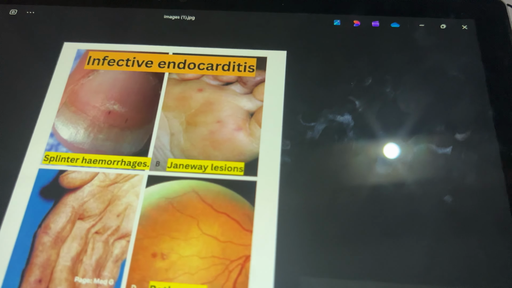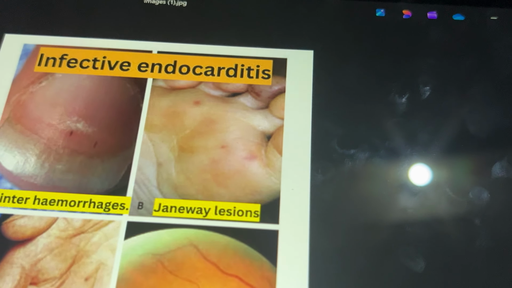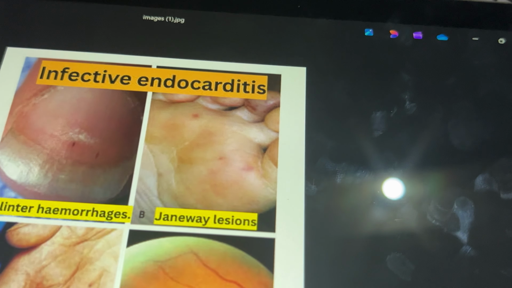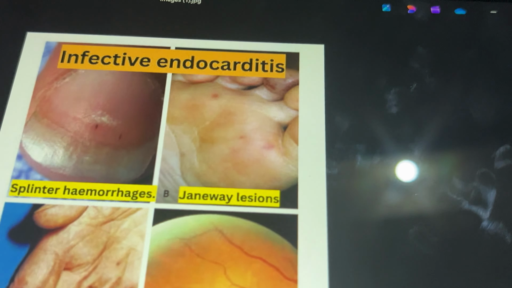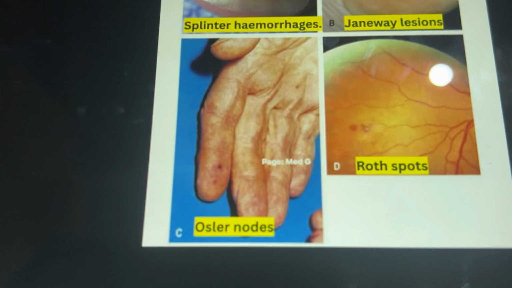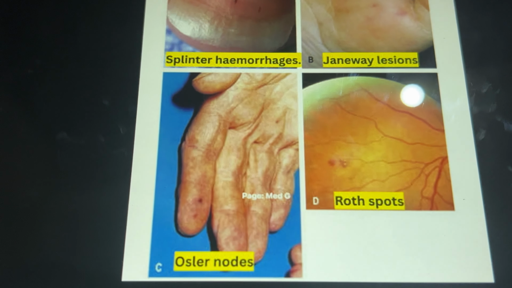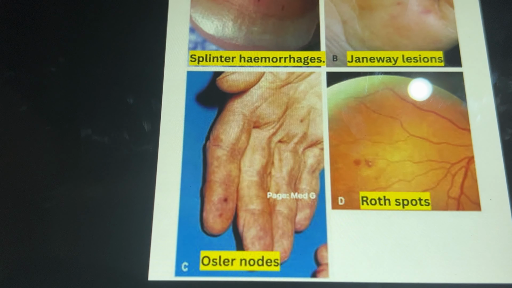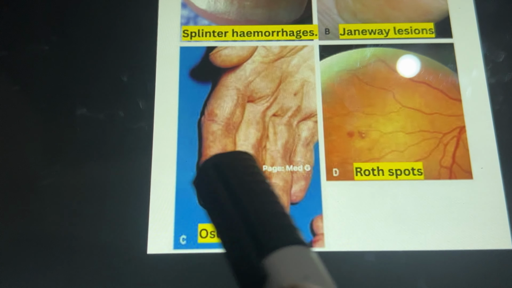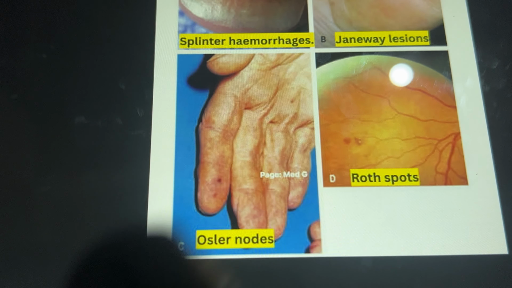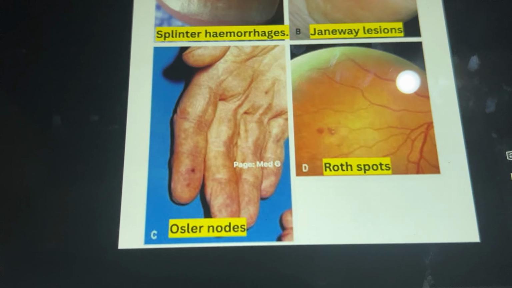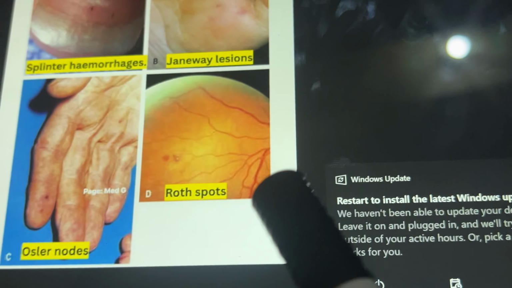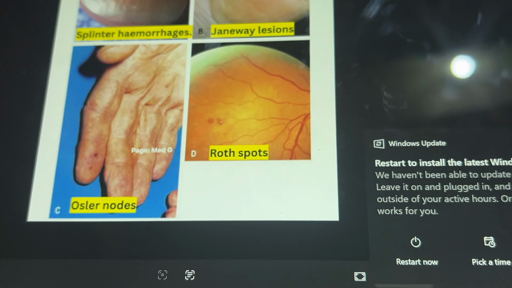You can see these lesions, the Janeway lesions, which are flat, painless, erythematous lesions on the palms or soles, while the Osler nodes are present on the fingers or toes, and they are lumpy, violet, and painful. The Roth spots are retinal hemorrhagic lesions.